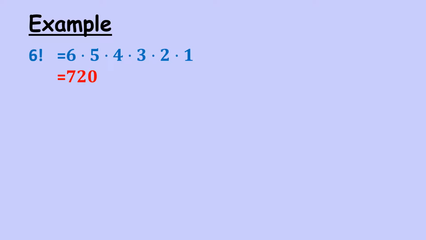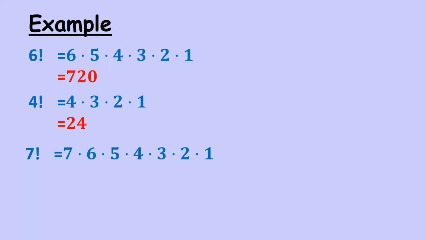If you're going to arrange 6 persons in a row, you can just use 6 factorial, which is always 720. Another example: 4 factorial is 4 times 3 times 2 times 1, which is equal to 24. Then 7 factorial is 7 times 6 times 5 times 4 times 3 times 2 times 1, which is equal to 5040.